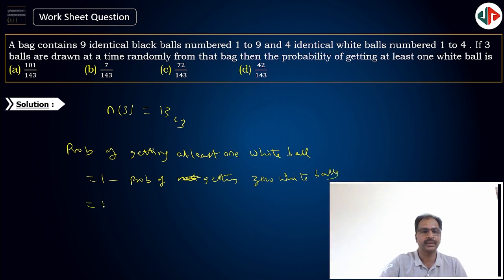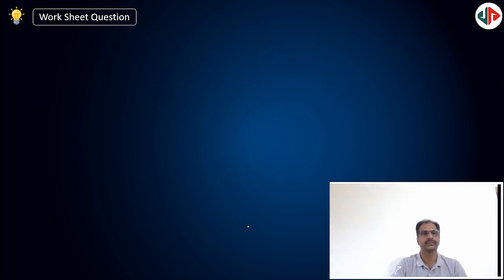That is equal to 1 minus. Getting 0 white balls means all the black balls you should get. So 1 minus 9C3 by 13C3 is the required probability. And if you simplify this, you will get 101 by 143. Option A.